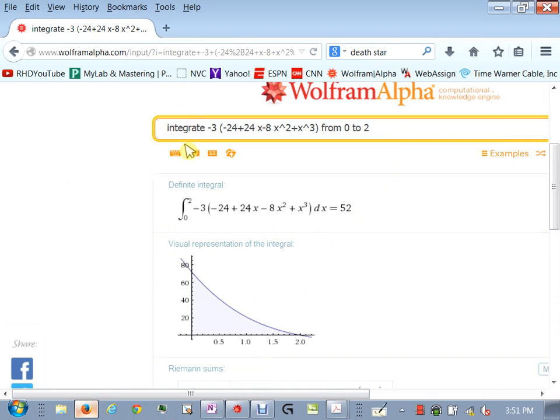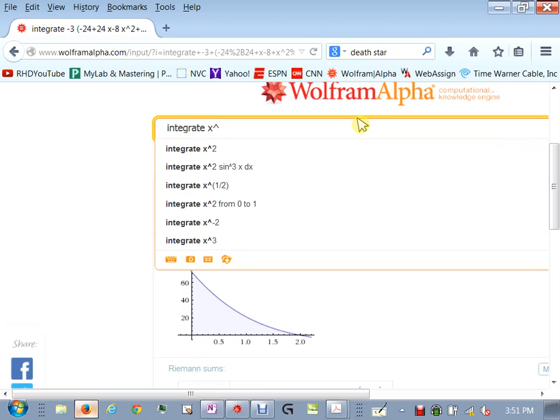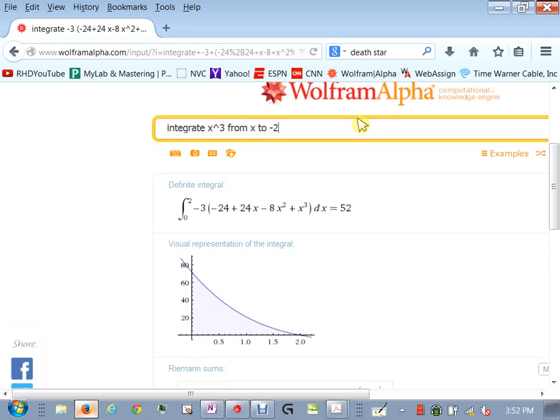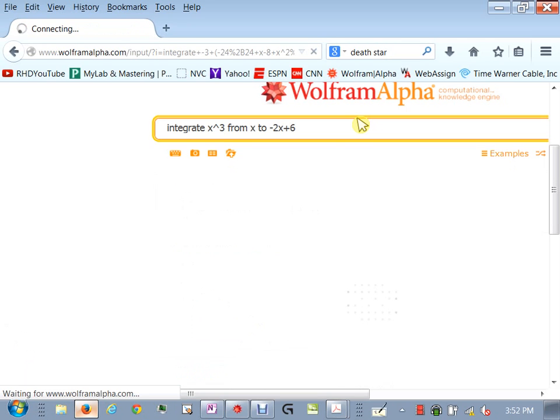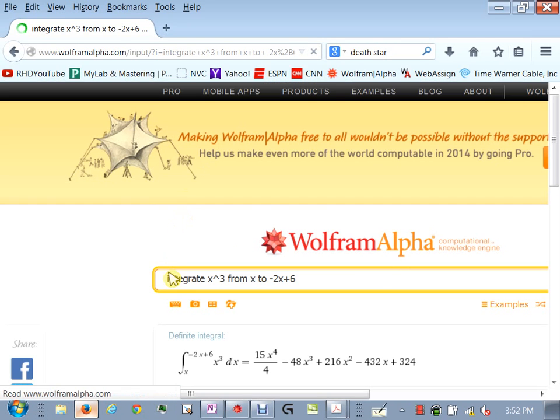Shall we? We'll integrate x cubed from x to negative 2x plus 6. Now watch, I believe that Wolfram Alpha is smart enough to do this. Integrate, parentheses, and now inside that I'm going to integrate from 0 to 2.